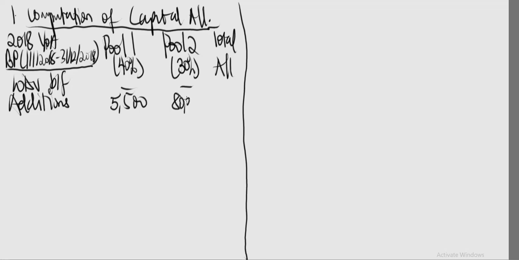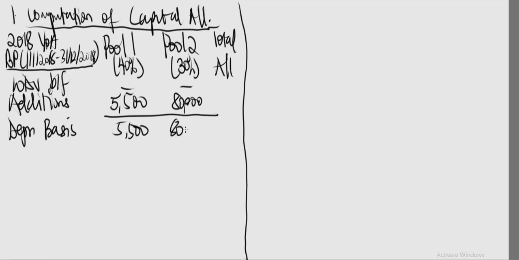Okay, so straightforward. I think this gives us the depreciation basis for our assets that we acquired, which will still be 5,500 and then 80,000. Okay, these are the only capital allowance expenditure in the question.